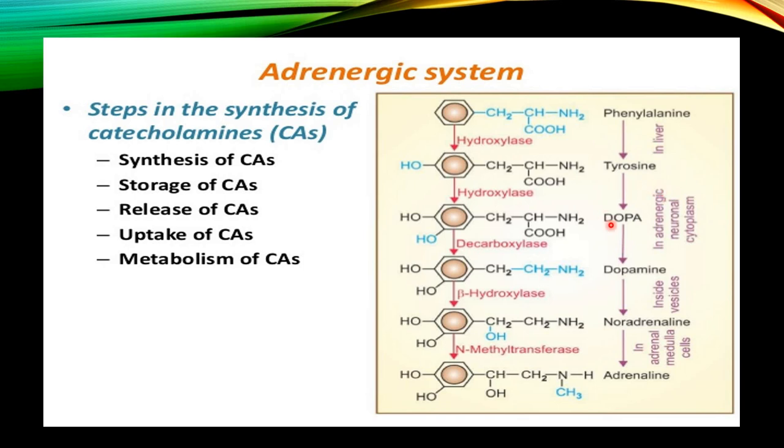Then it forms dopamine in the adrenergic neuron cytoplasm. Then it forms dopa, then noradrenaline, and then adrenaline. And here are the chemical structures and the various enzymes that help in the synthesis of these catecholamines.